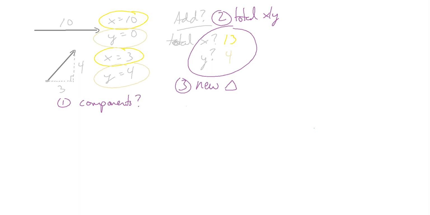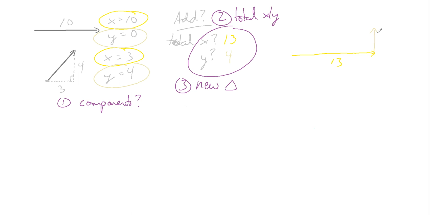So I had a total x of 13. So I'm going to draw a line that is 13 long. My y component was 4. So I'm going to draw a line going up, which is 4 long, something like this. Now that's just a rough sketch, but that's the general idea.